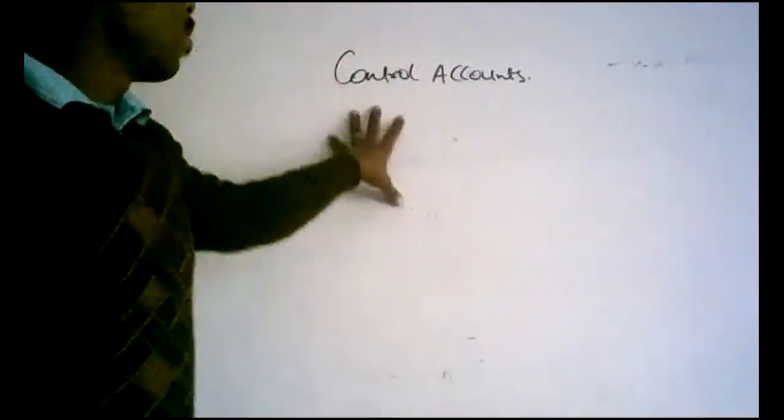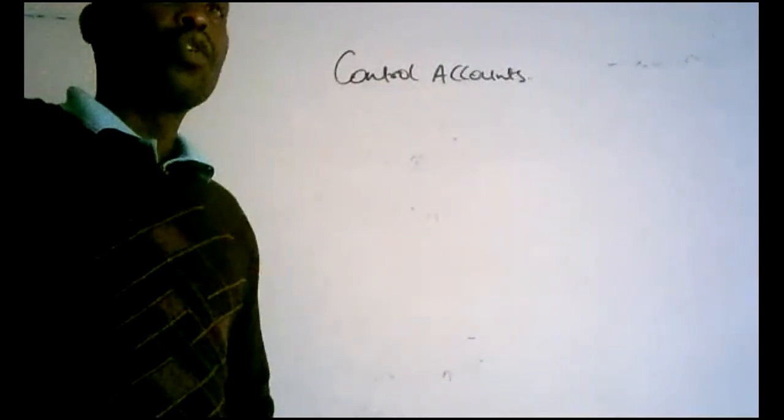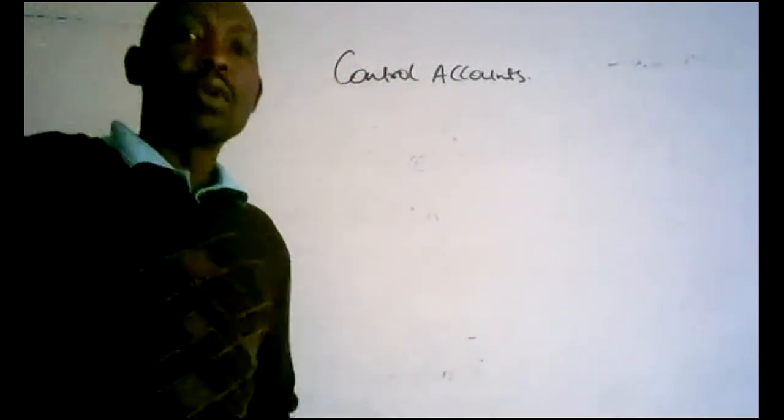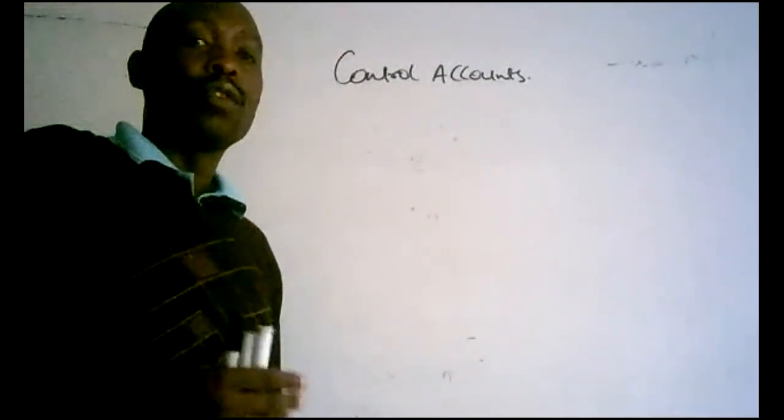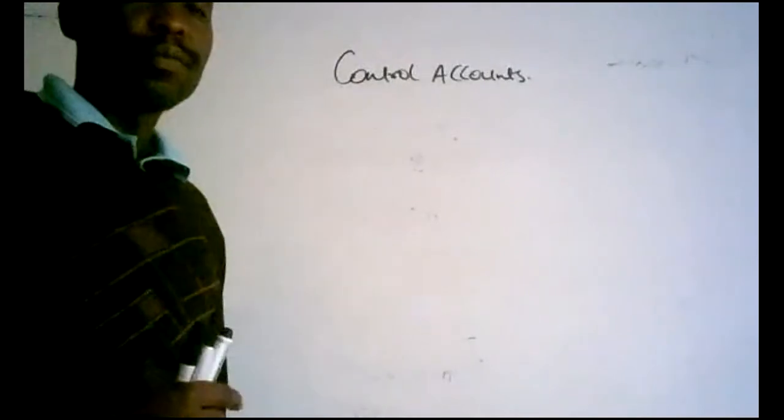Control accounts means that there are some accounts that we are controlling because of their importance or because of the volume in terms of the number that we are going to have at the end of the year.